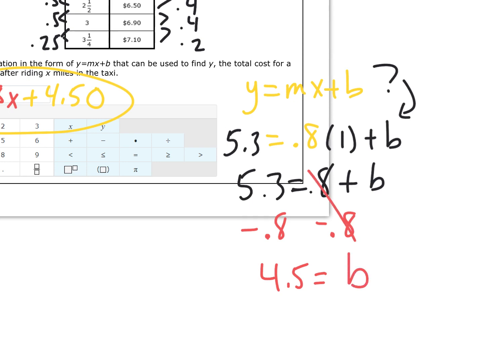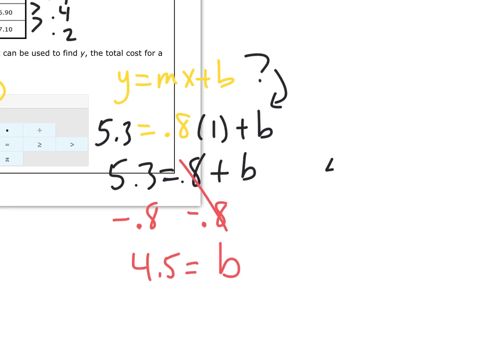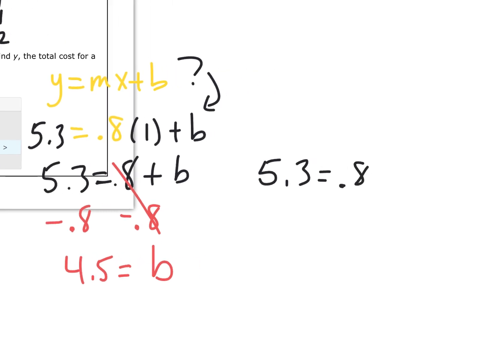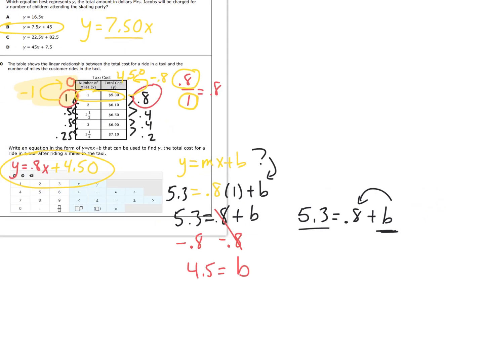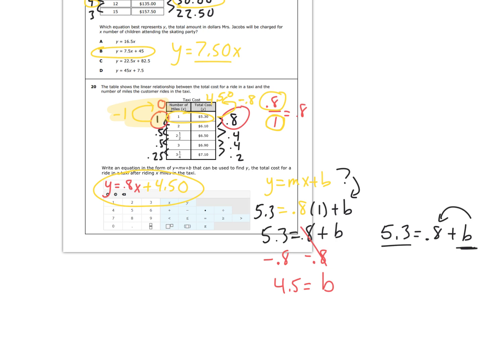Now, some of you might have just said, well, if I have 5.3 equals 0.8 plus a number, can't I just figure out that number by adding things to this until I get that value back? Sure, you could do that, but it might take you a little bit longer. Okay, and so whether you do it this way, or the way that I did it, all of those things point back to this.